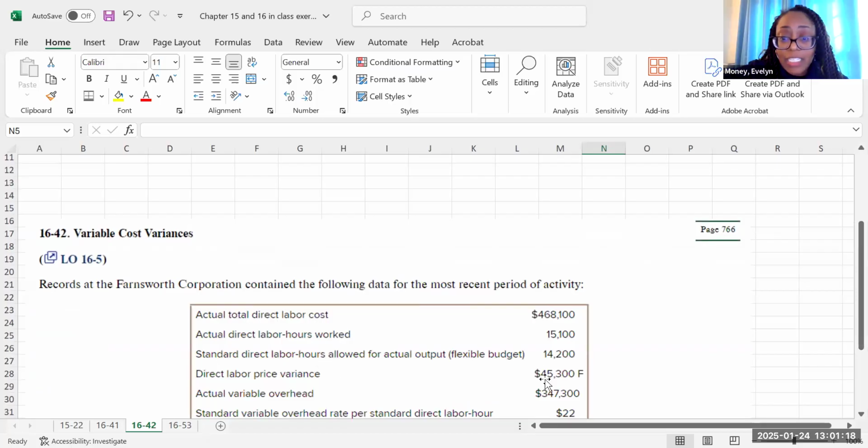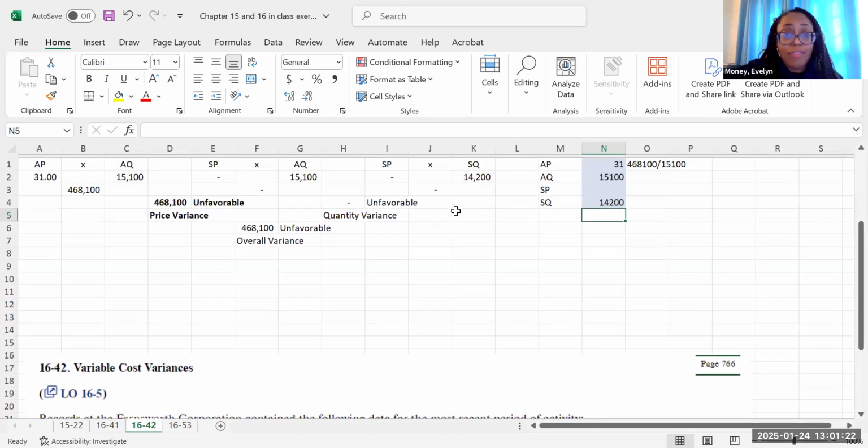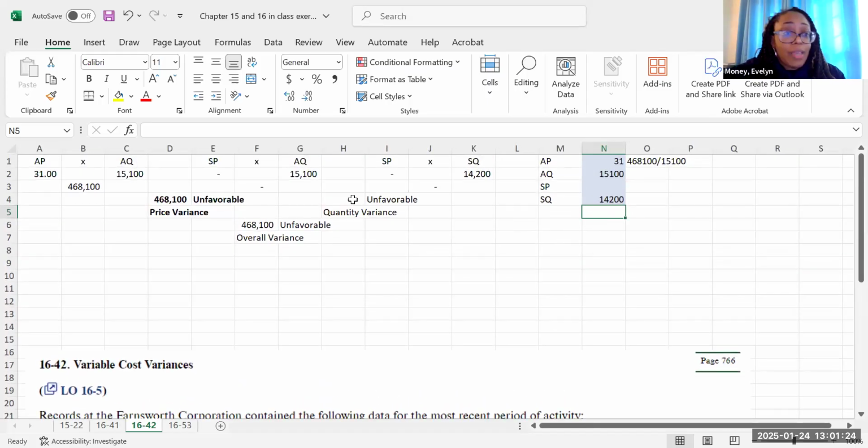The price variance is 45,300 and it's favorable, so it is negative. In theory, I should be able to take the 468,100 and subtract whatever this magic number is to arrive at the price variance that was given to me. That, what was it? 45,300.